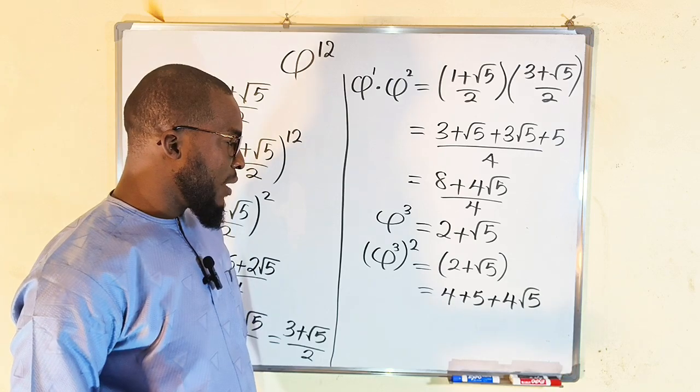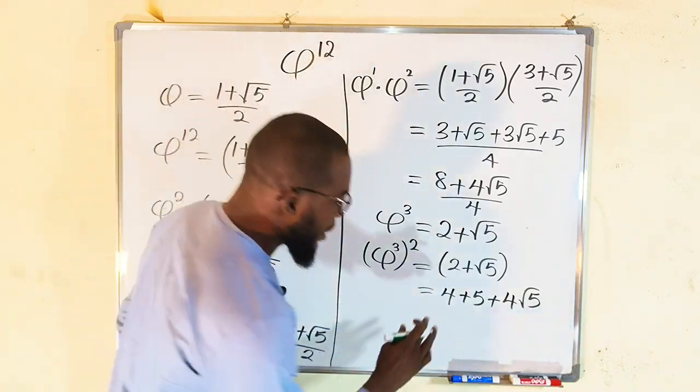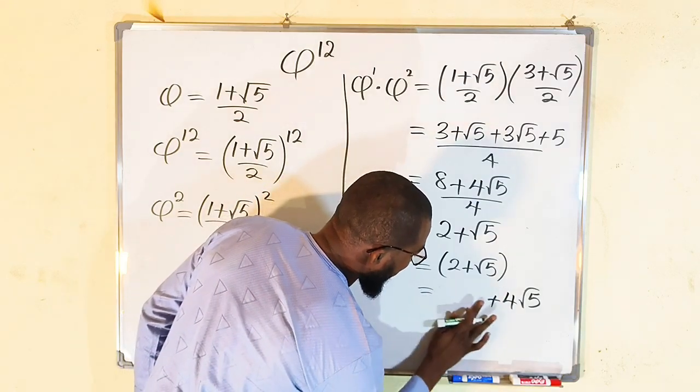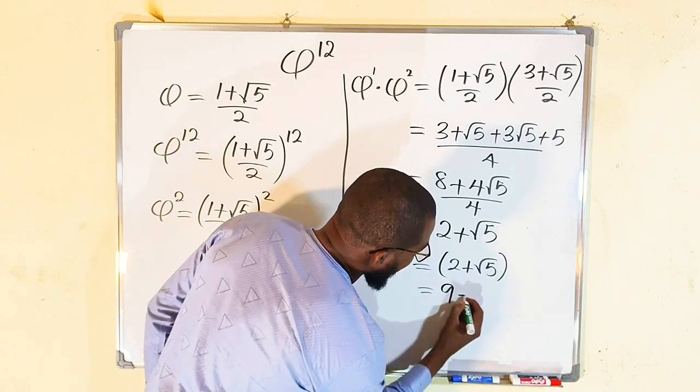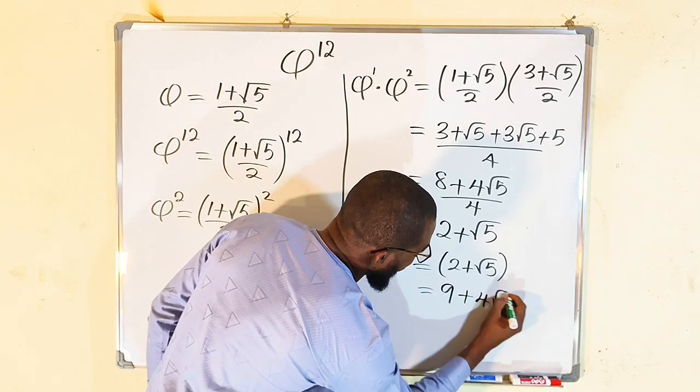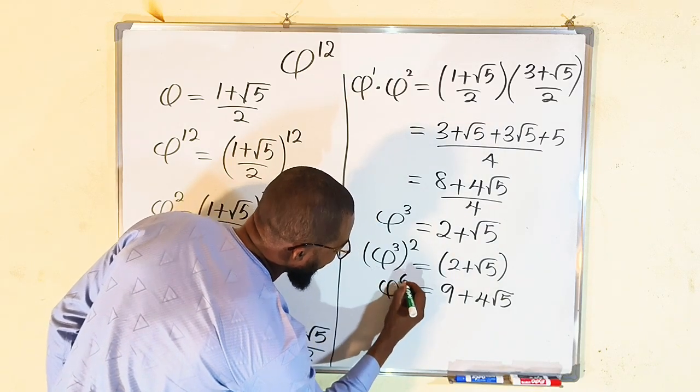Because we have not much space, I can combine this together to give us 9. Let me do that right here. This will give us 9 plus 4 root 5, right? Remember, this will be the golden ratio to the power of 6.